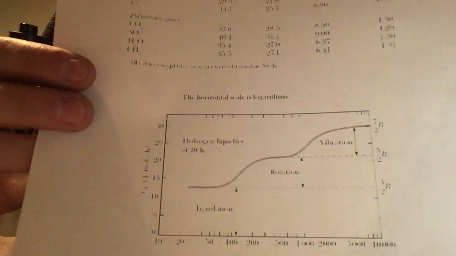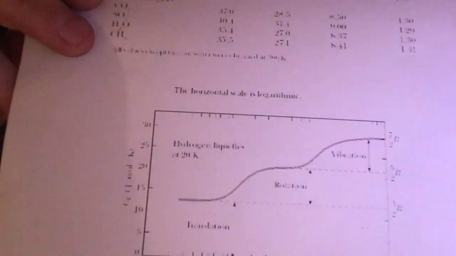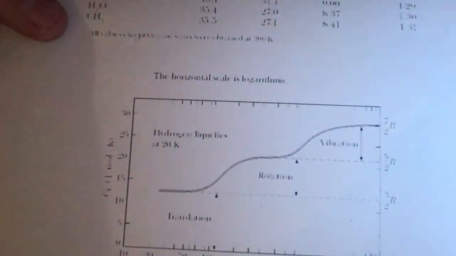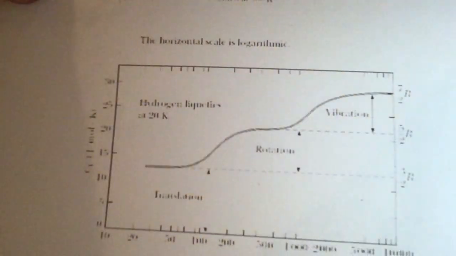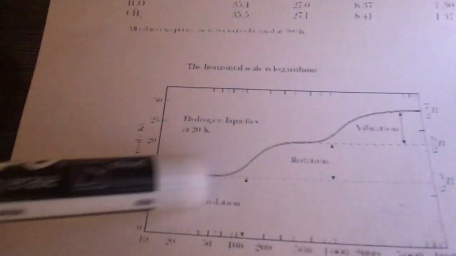And at low temperatures, we've got that 3/2 R. Or we're looking at the specific heat, which is related to it. But at low temperatures, this diatomic molecule is acting like a monatomic atom. It only has translational degrees of freedom below here.